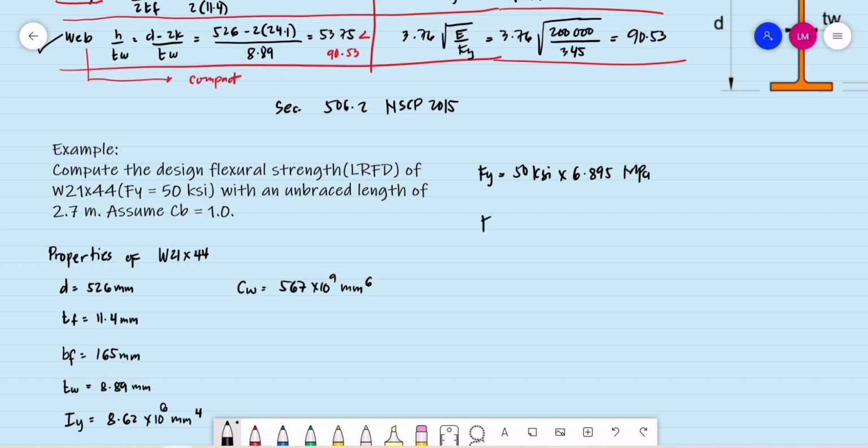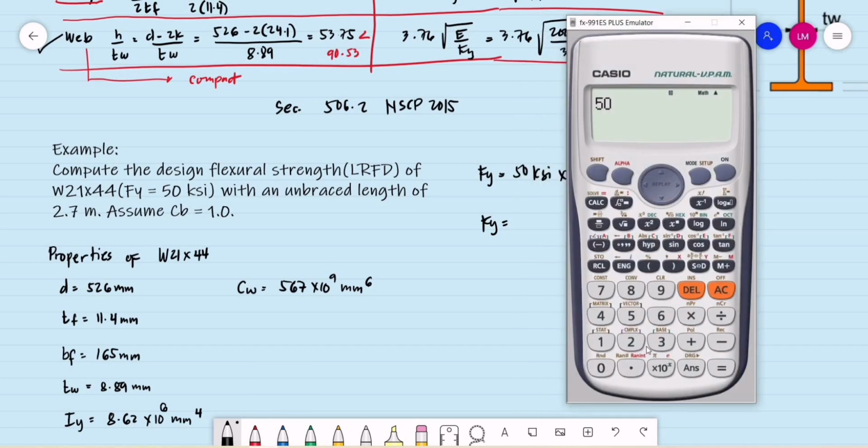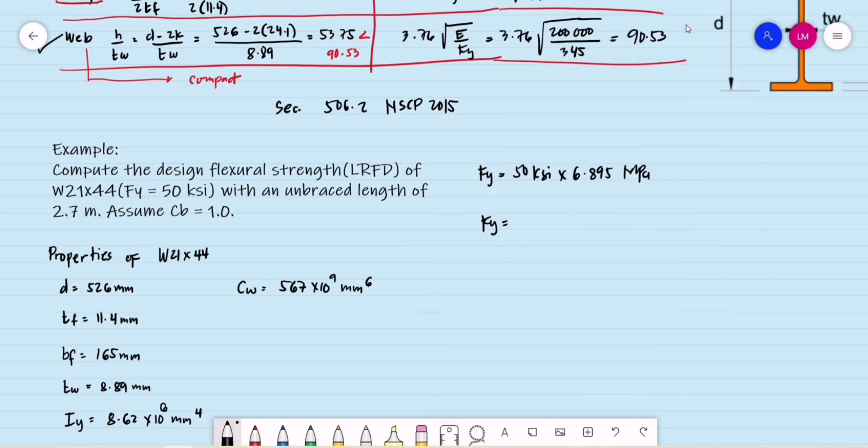So the equivalent of F sub y is now 50 times 6.895, and we round this up to the nearest whole number, so let's say 345 megapascals. Then according to this problem, the unbraced length is 2.7 meters. So our L sub B is now equal to 2.7 meters, or 2,700 millimeters.